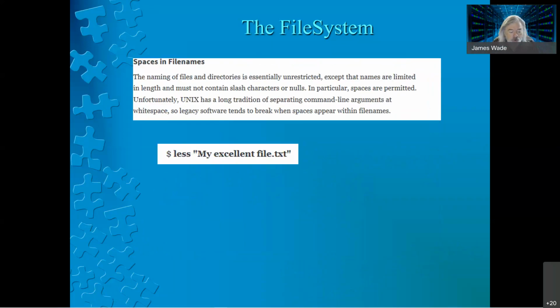Now, let me ask you a quick question. In the Unix world, do we use spaces for file names or directory names? Yes or no? What do you think?